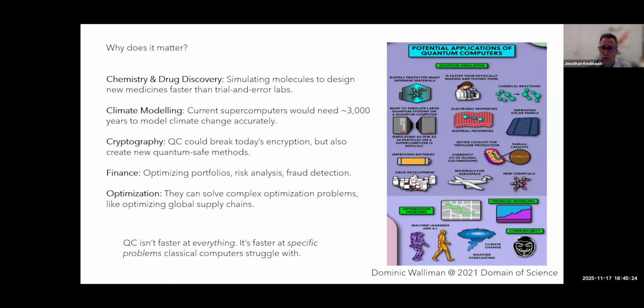So it's nearly impossible for classical computers to simulate these, especially with the complexity of today. Quantum computers could accurately model these interactions, leading to new medicines, better batteries, new materials.